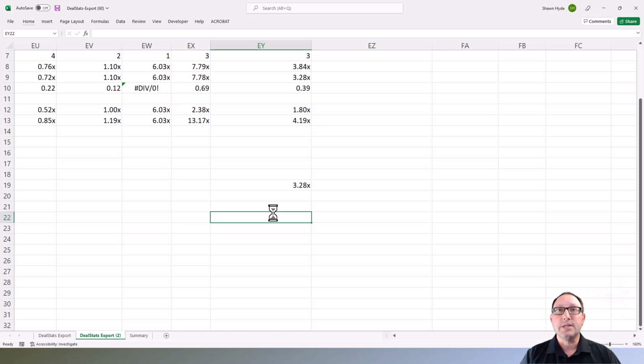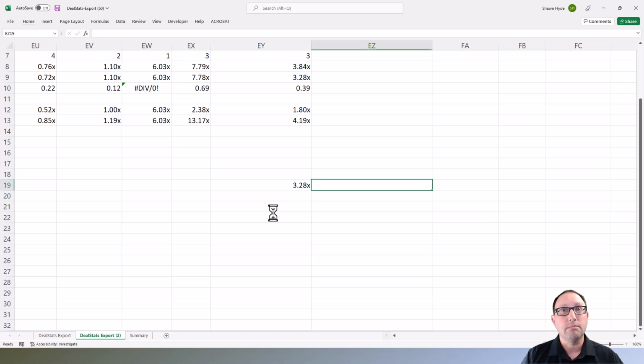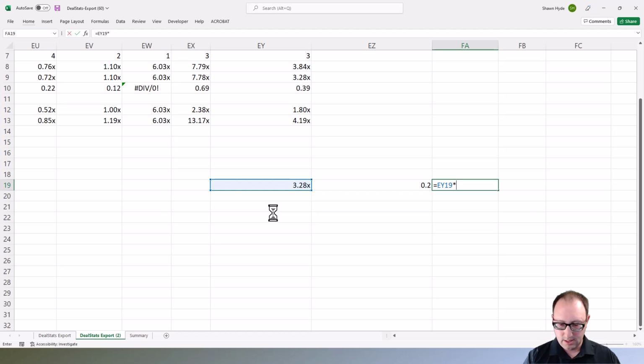If those ratios indicate that the business is stronger than the industry average, then this multiple might need to be bumped up. Instead of 3.28, let's apply a 20% premium. Equals that times 1 plus that. So almost 4 times. Maybe that makes sense. Maybe a 4x multiple is what we want to use. Maybe that's better for the company we're appraising.